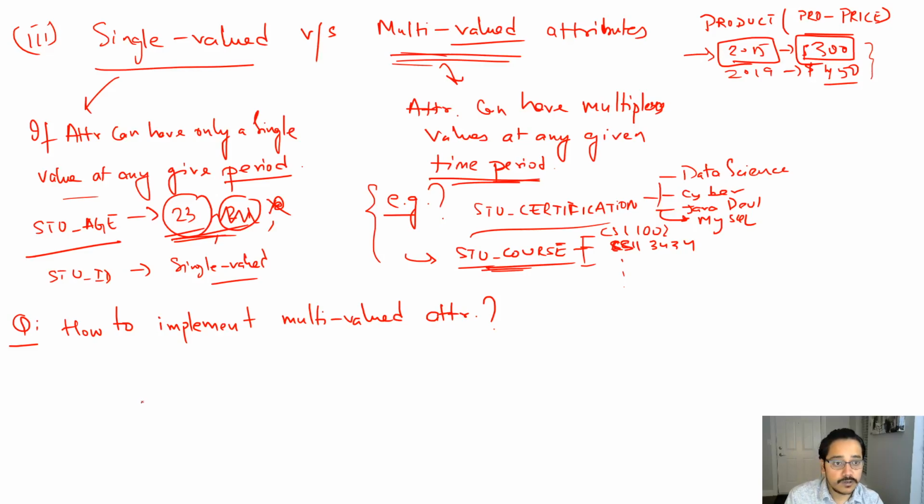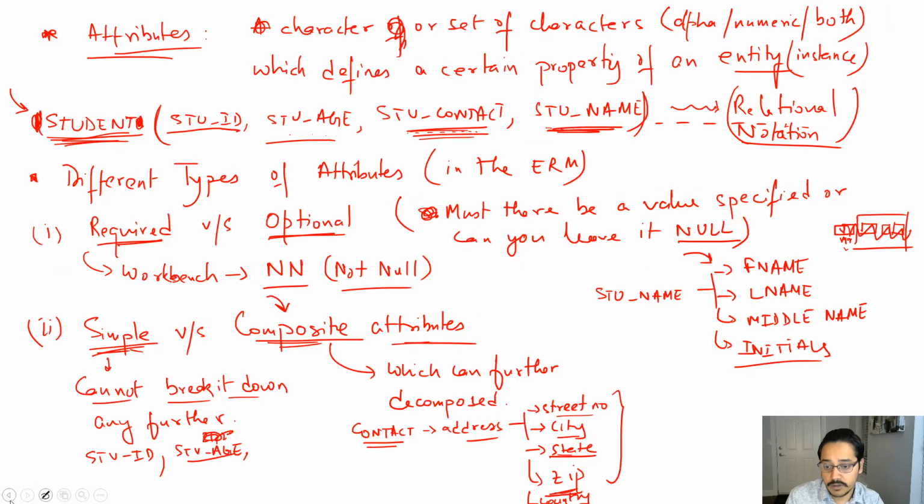Similar to a composite attribute, you can break a multi-valued attribute down into its individual values or individual components, right?